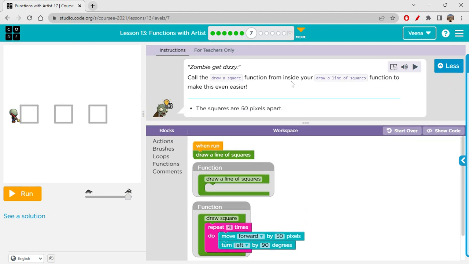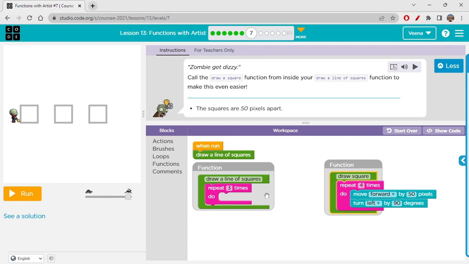Call the draw square function from inside your draw a line of squares function to make this even easier. Squares are 50 pixels apart. We're calling this function inside this function to draw these three things. Wow, I like it. So repeat three times.